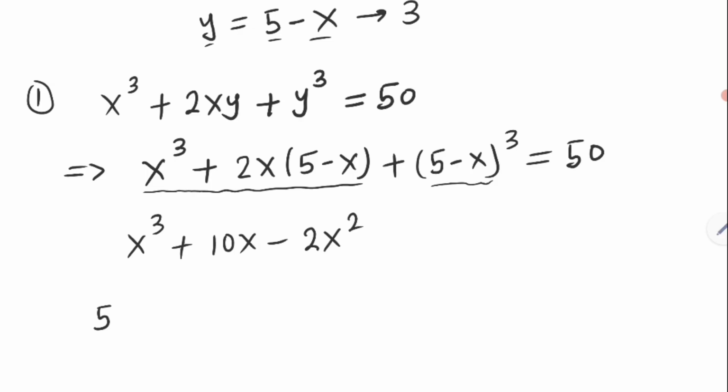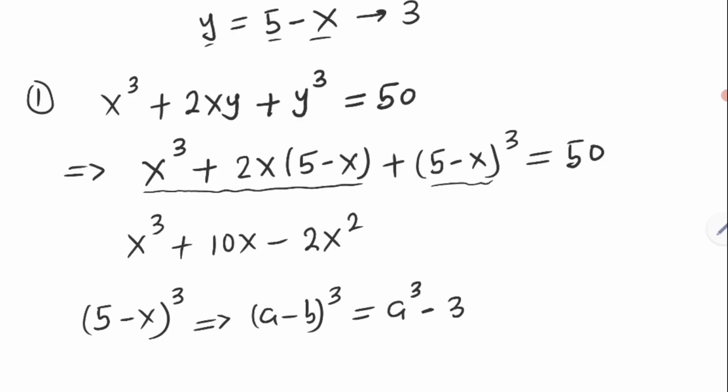5 minus x raised to power 3. Now take note of this, that if you have a minus b raised to power 3, this is equal to a raised to power 3 minus 3a square b plus 3a b square minus b raised to power 3.